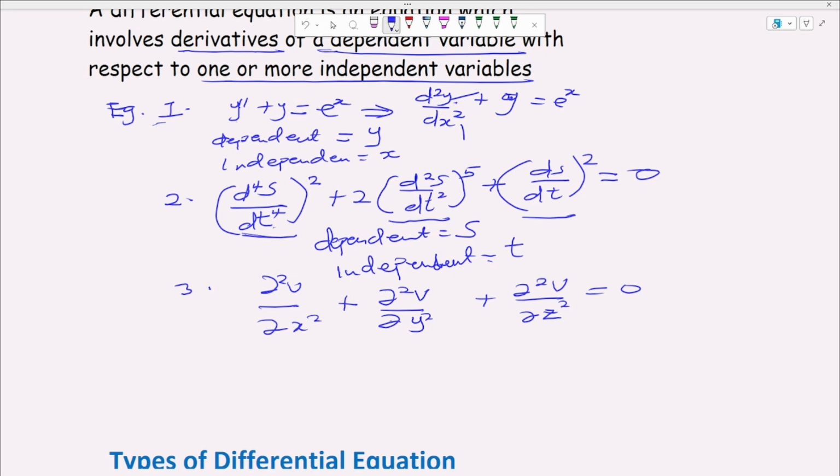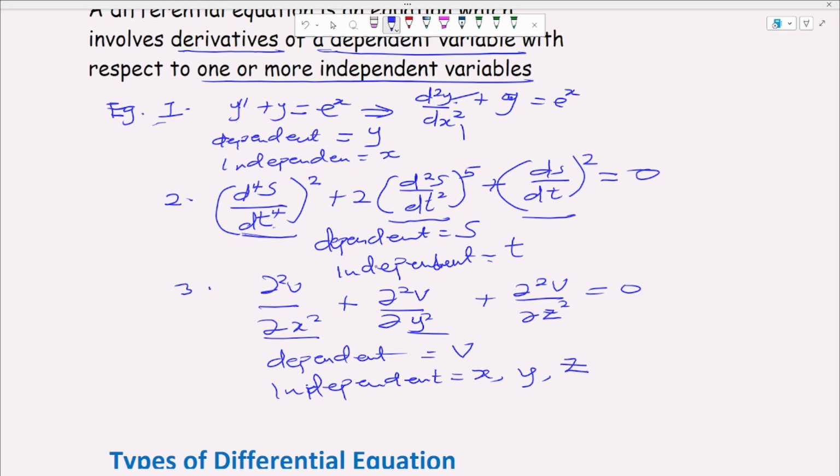Now, with this example that we have here, we can see our dependent variable. And what is our dependent variable? We can see v, and then independent, in the first derivative we can see x there, in the second derivative we can see y here, and in the third derivative, we can see z here.